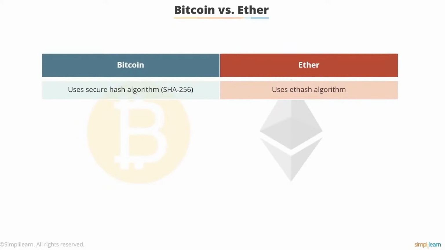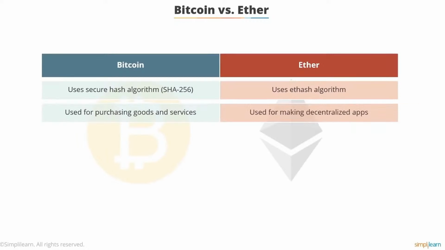The second difference is in the use of Bitcoin and Ether. As we have discussed earlier, Bitcoin is only used for financial transactions like purchase and sale of goods and services. However, Ethereum, being a Turing-complete platform, also supports smart contracts and decentralized applications.